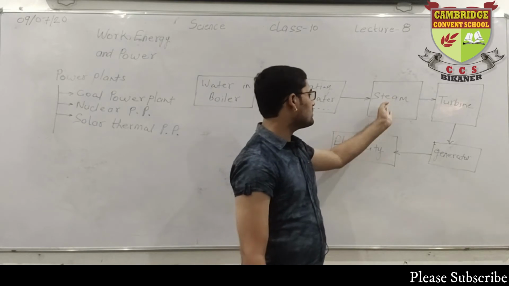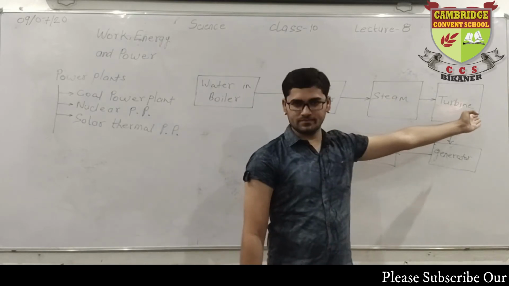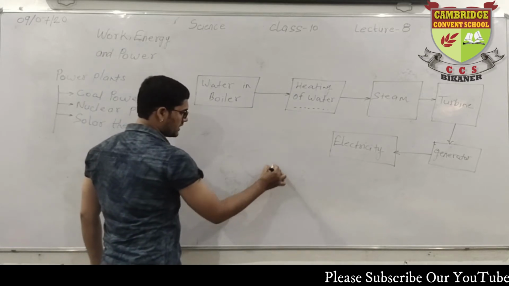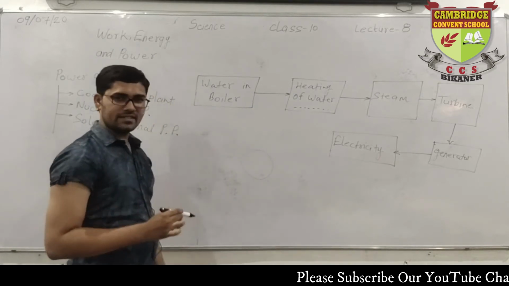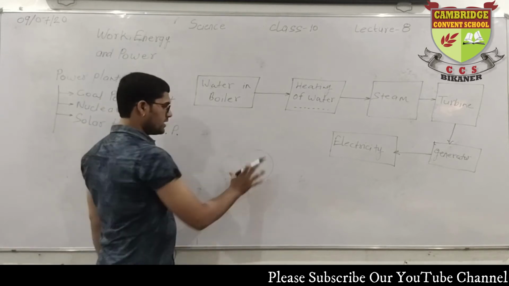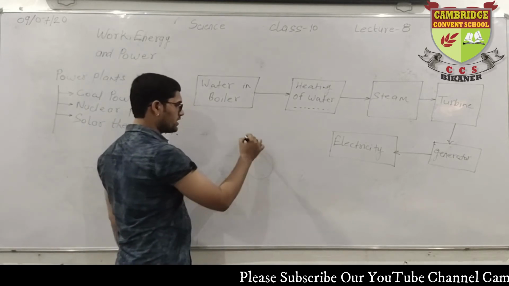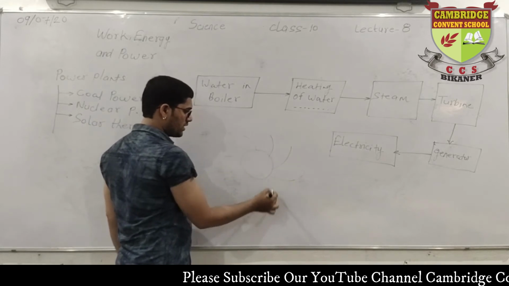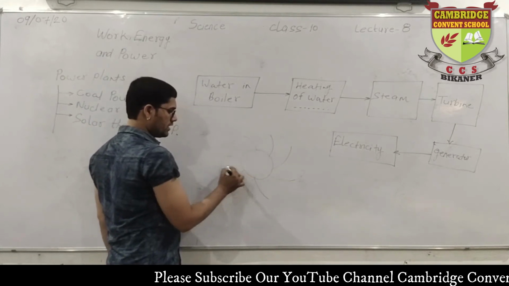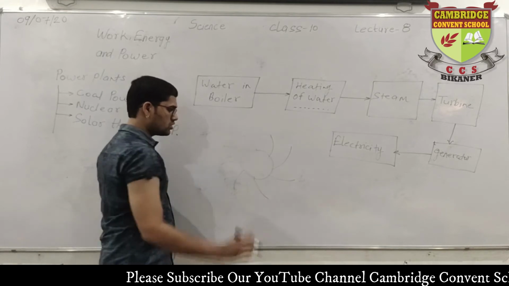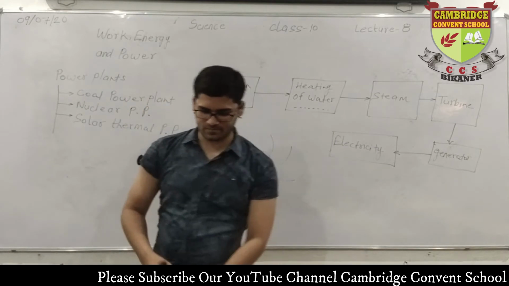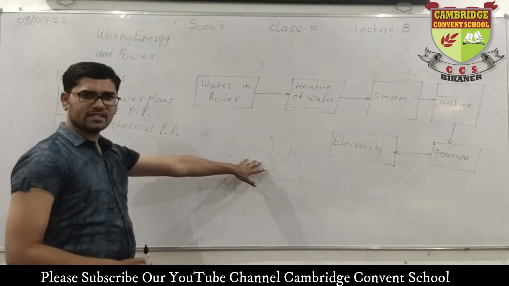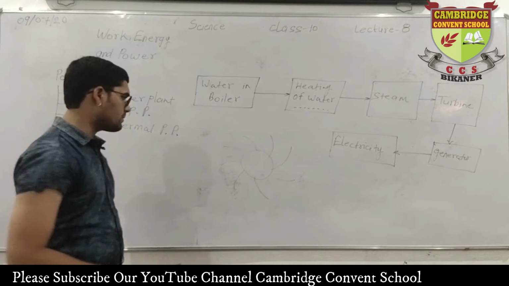This steam is thrown on the turbine. What is a turbine? I am explaining a very easy structure of a turbine. There is a round shape, or I can say a rotor, and lots of fans around it, connected to it. This is the basic structure of a turbine.